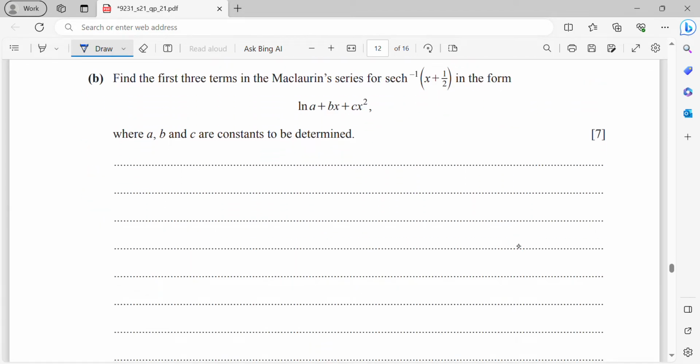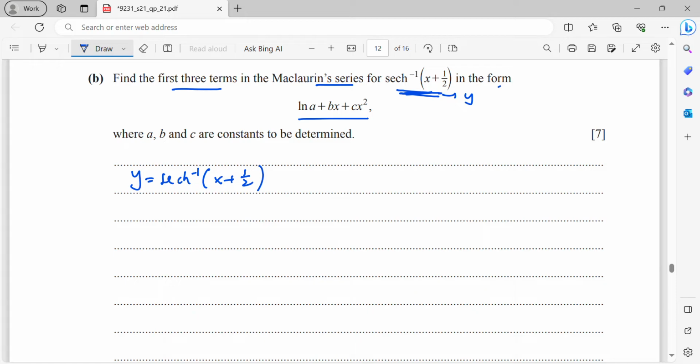Now for B, find the first three terms in the Maclaurin series of this expression, which is our y, in the form of ln A plus bx plus cx squared, where A, B, C are constants to be determined. So this is actually the y. Now I will write y equals to inverse hyperbolic secant of x plus half.